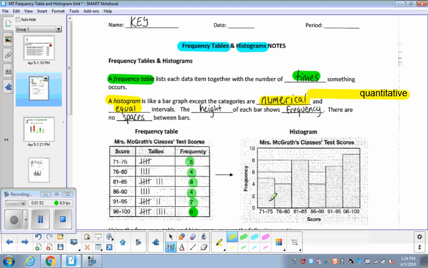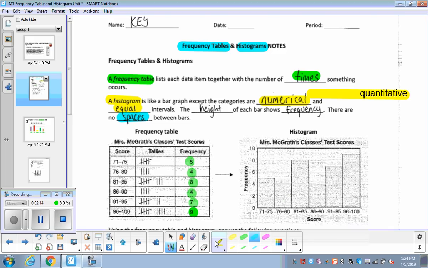And once again, the height of these bars will show the frequency or the number in each category. Now, a key thing here is that there's no spaces in between the bars because we're now using numerical data, quantitative data, and there's no space between the 75 and the 76. You are either in this category or right on into the next one, okay?